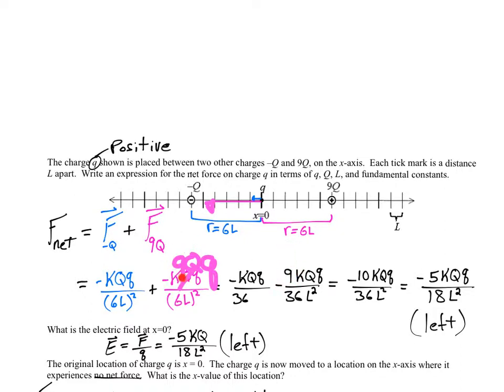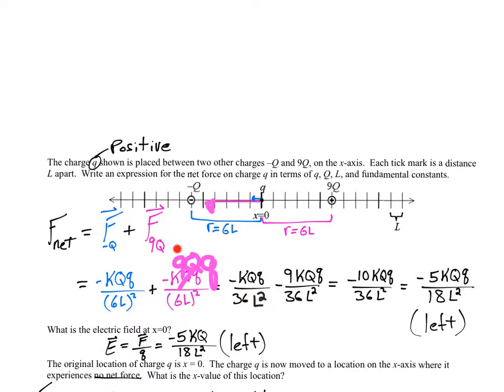I forgot to put 9q in here. And goodness gracious, I must have been working at this too long because I also forgot my L squared right down here. So there's an L squared. So that's a change right there, L squared.